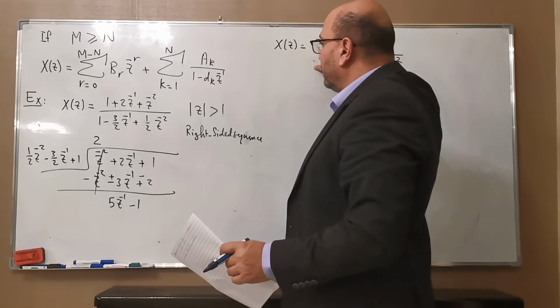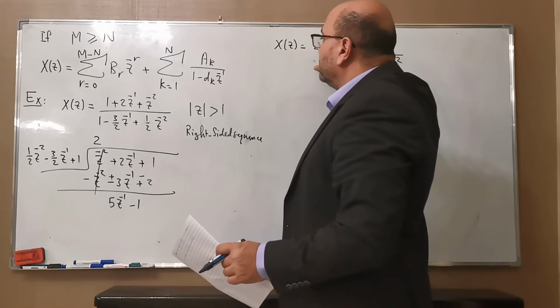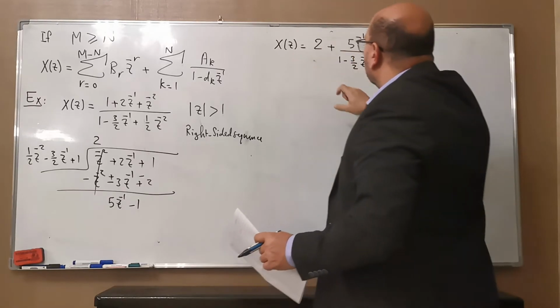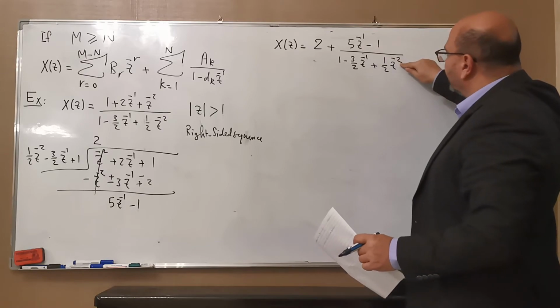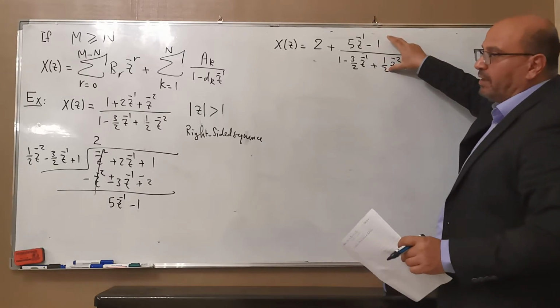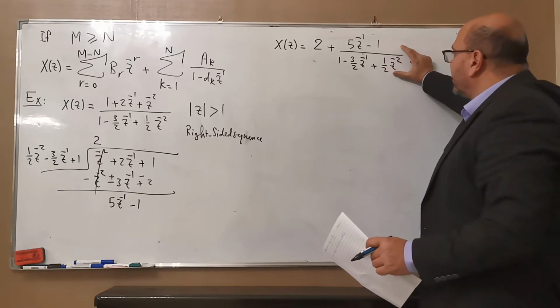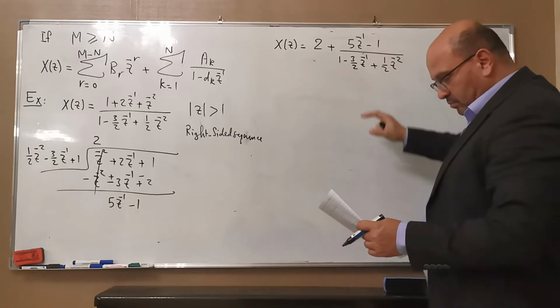This is the one that we have, z to the minus 0, so this is 2, and we stop here. This order now is less than this one, so you have a proper polynomial, and you do the partial fraction expansion of this one.